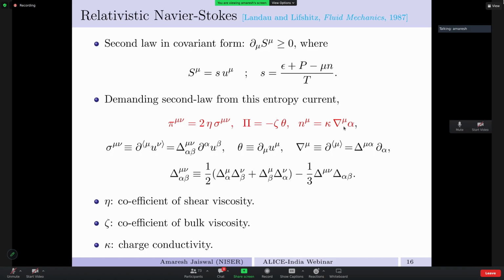So this gradient is required, and these coefficients are material properties. How viscous it is, or how resistive it is, is given by eta, zeta, and kappa, and it depends on how the particles of the medium interact among themselves. These are material properties of the medium.